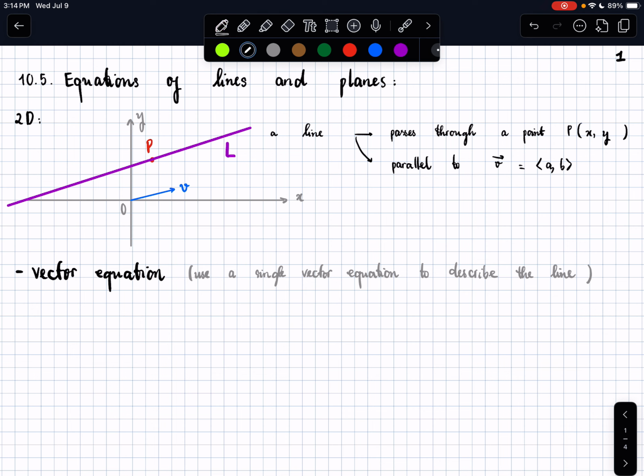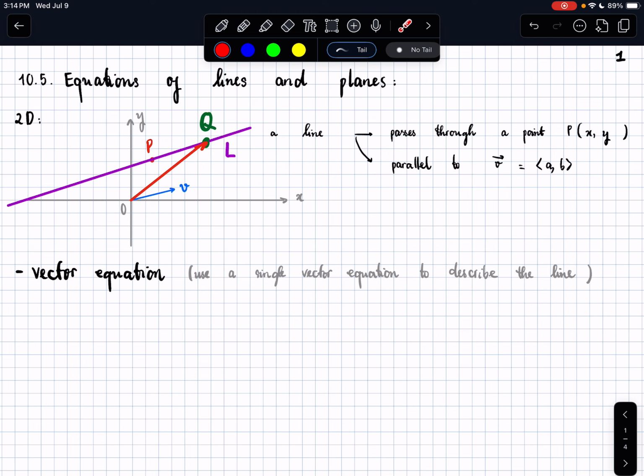To describe the line L, we describe the coordinates of any point Q living on L. Say Q is here. We can compute the components of vector OQ. If we know vector OQ, we know the coordinates of Q.